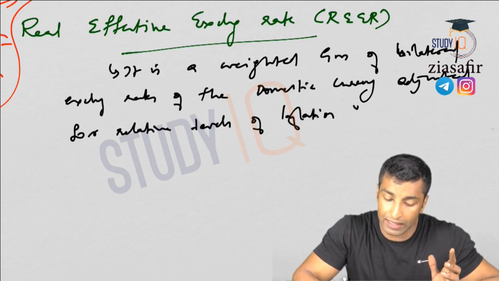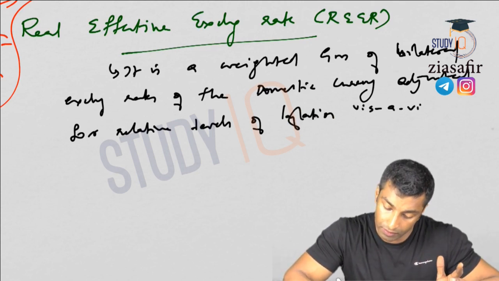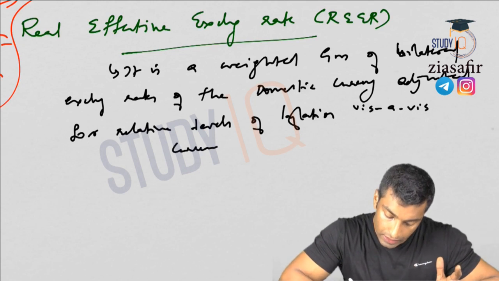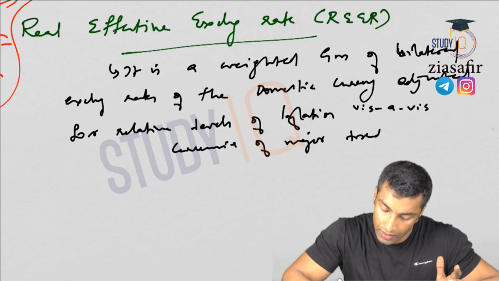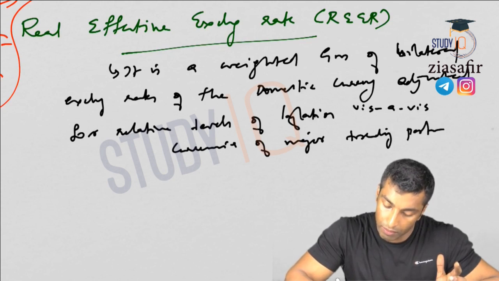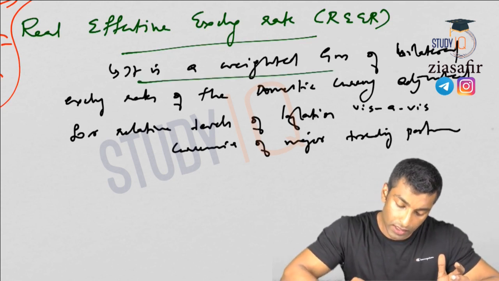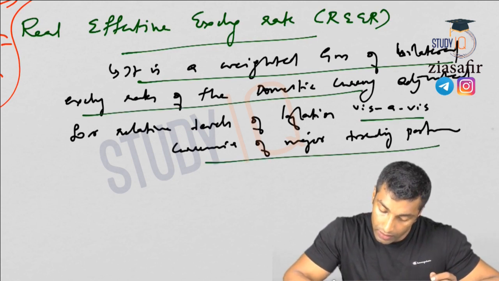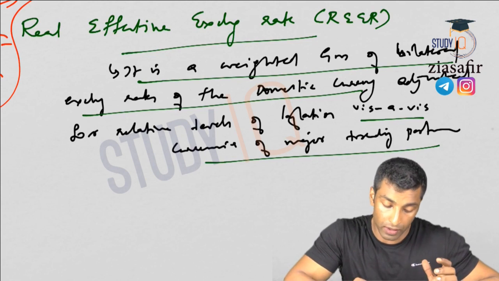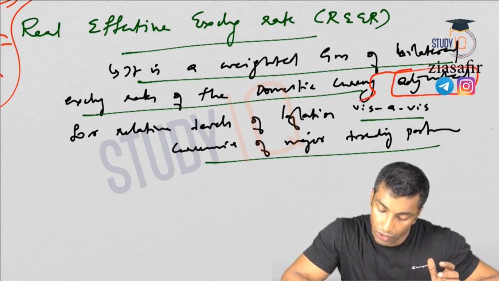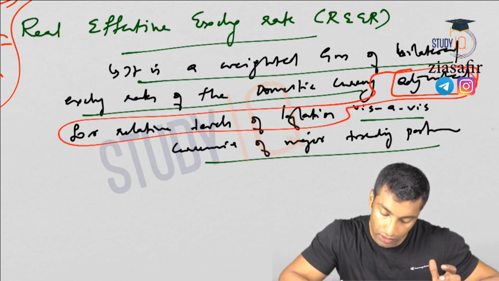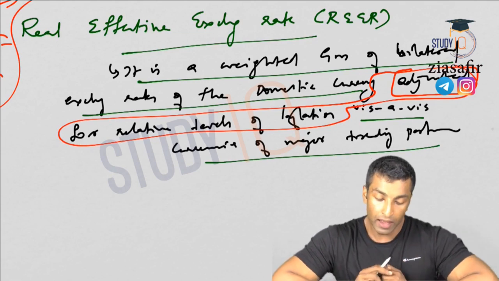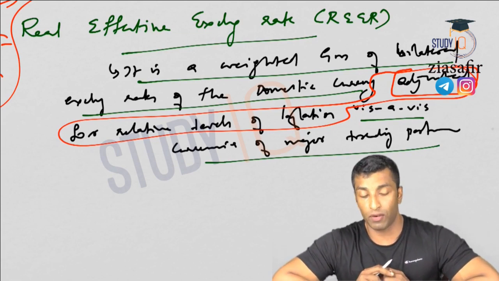I mean, I'm talking about price levels vis-a-vis currencies of major trading partners. Okay, so this part is the same, and this also is the same as the nominal. This is what the difference is. It is actually adjusted for relative levels of price level or inflation.